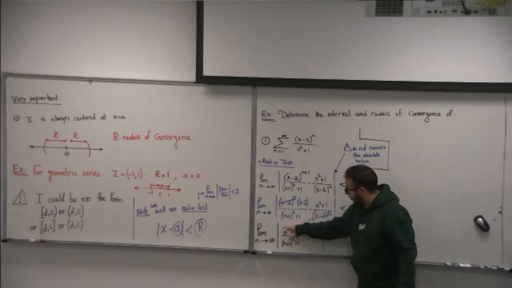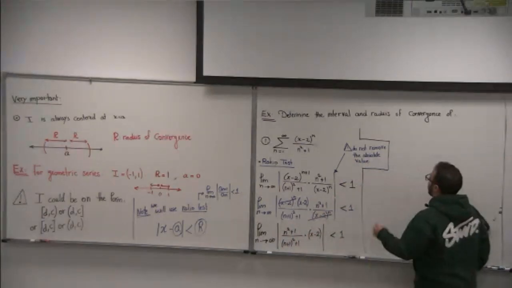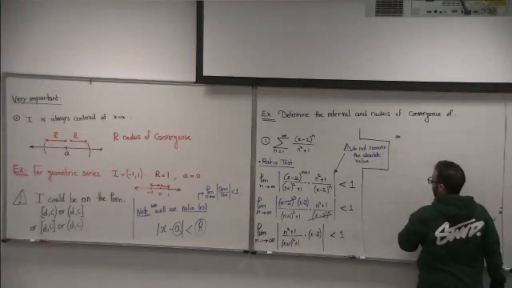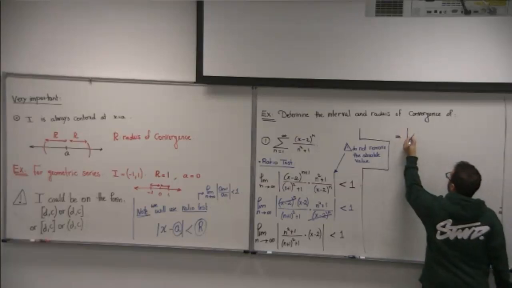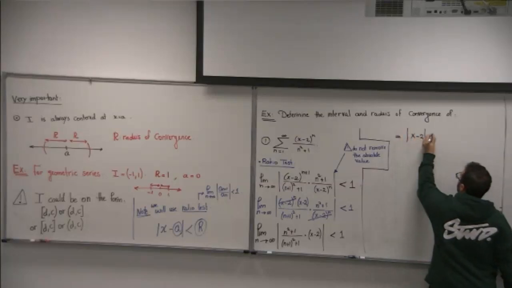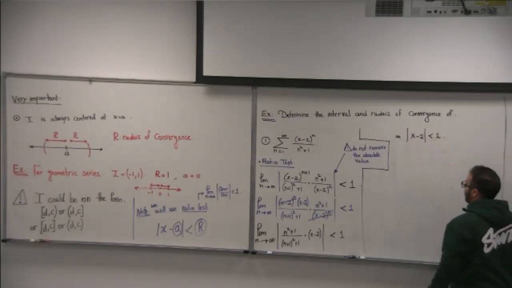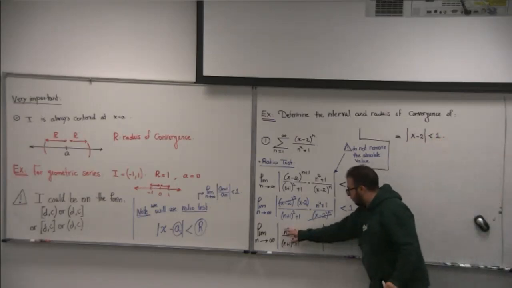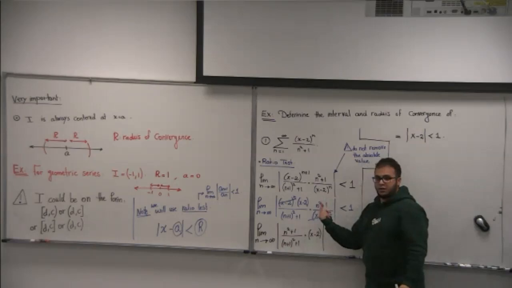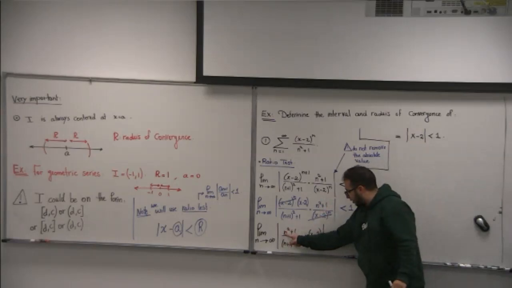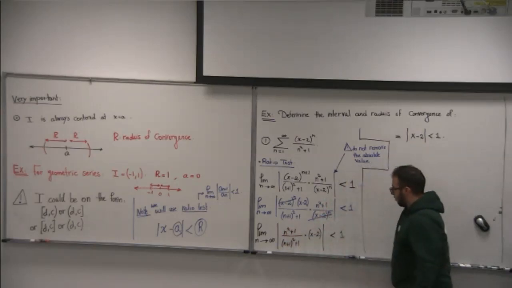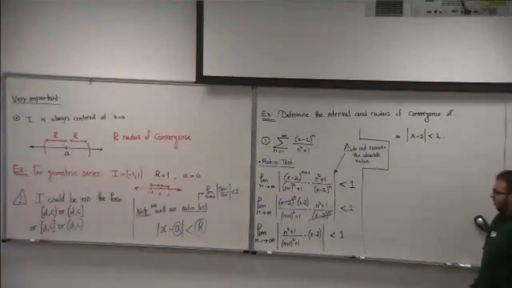So this portion, all of it, is just 1. So this is equal to absolute value of x minus 2 less than 1. Again, that limit is just 1. Just expand and you will see that there is n squared here and n squared here, and then n squared over n squared.